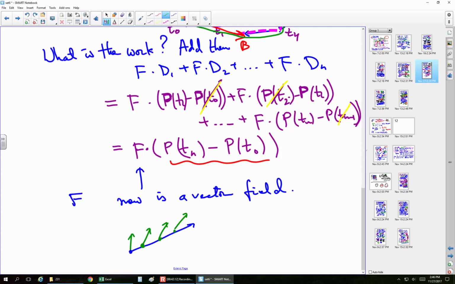Okay, you can, however, see that the whole story is more or less additive. All you have to do is split your trip appropriately into smaller pieces, and along each of these smaller pieces of your trip, you can assume that the vector field is constant, and then you just add up everything in the manner we did over here.